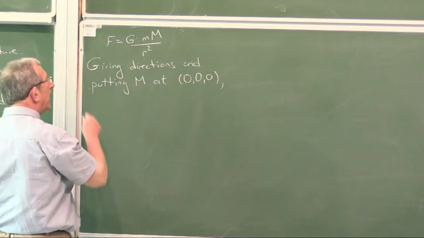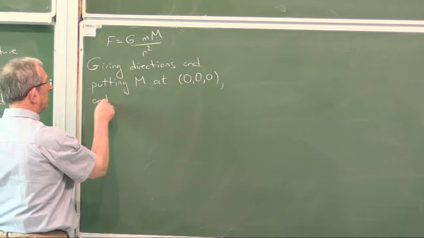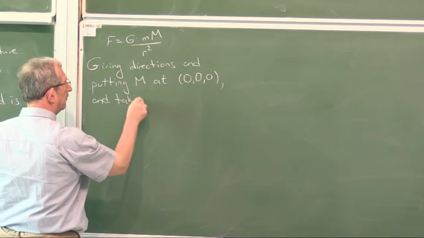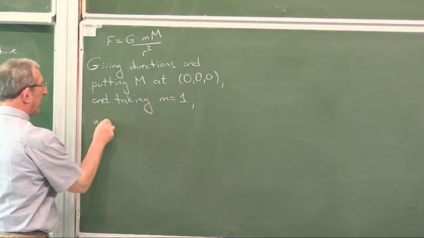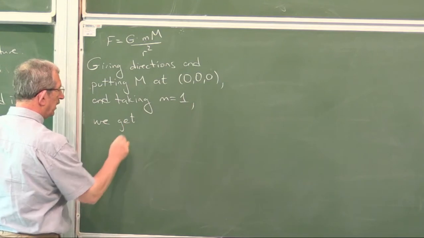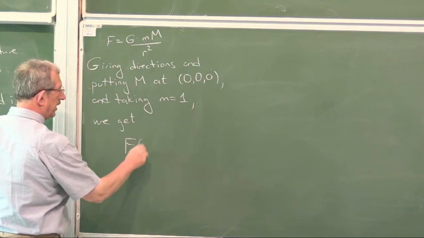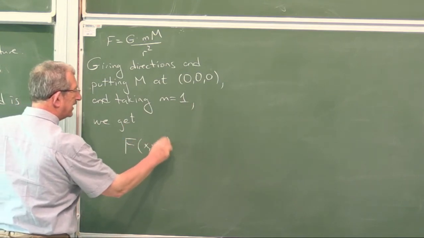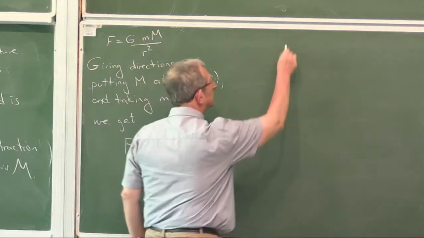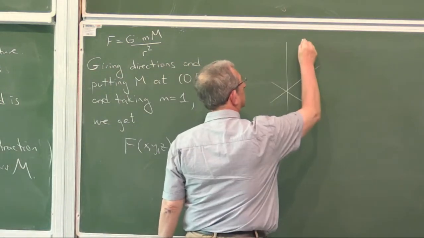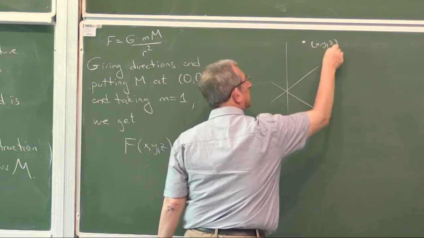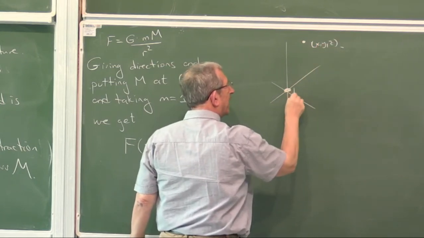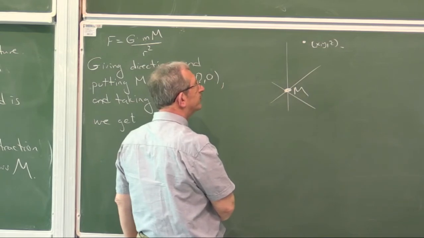And taking m equal to 1, we get the force at any point x, y, z in space. So the picture looks like this. This is the point x, y, z. And you have a large mass here at the origin.